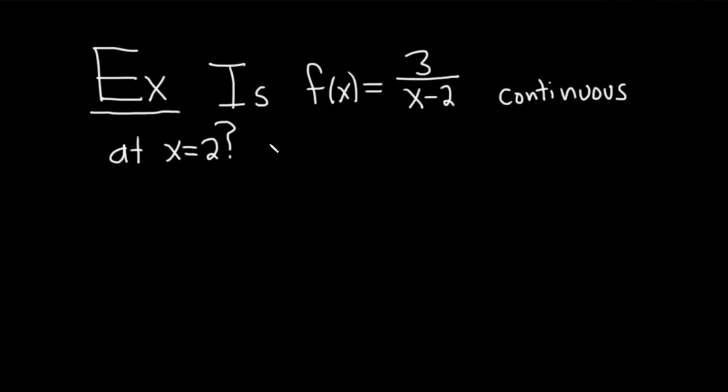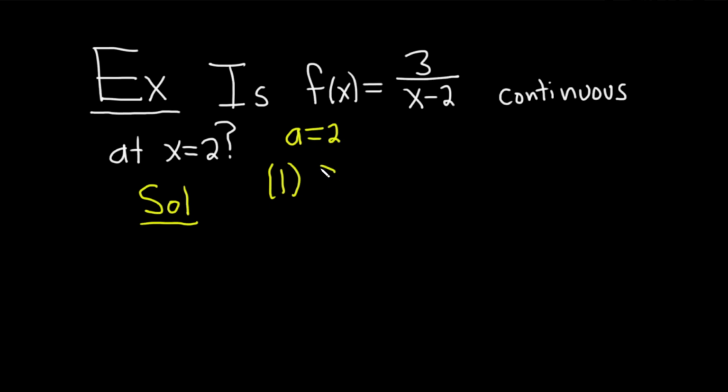So here is our first real example. Is f of x equal to 3 over x minus 2 continuous at x equals 2? Let's go ahead and answer this very carefully. Solution. So when you're trying to find out if a function is continuous at a particular number, you want to fall back on that definition. So the first condition was that the function was defined at a. In this particular example, a is equal to 2.